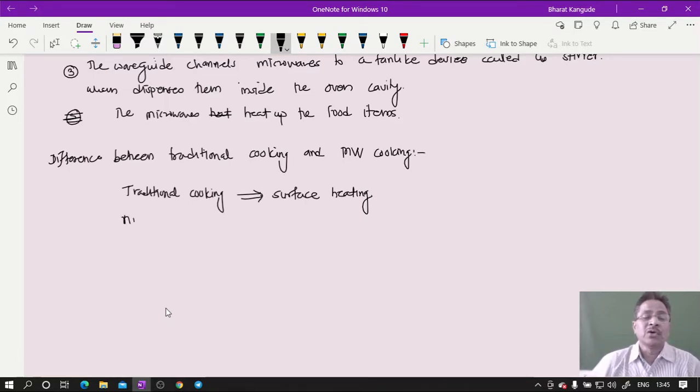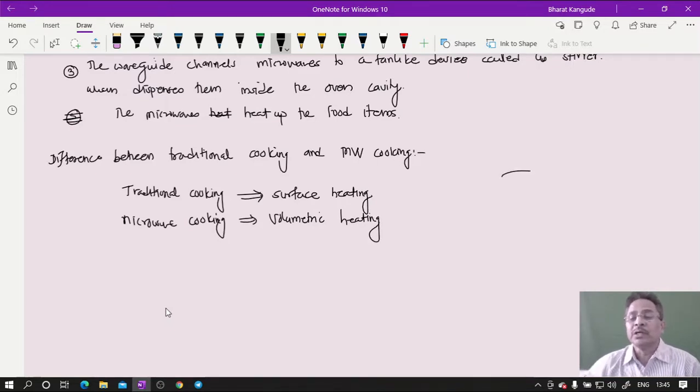Whereas in microwave cooking there is a volumetric heating. So the entire volume. Okay, so for example, this is a potato which gets heated only here because of this traditional food.